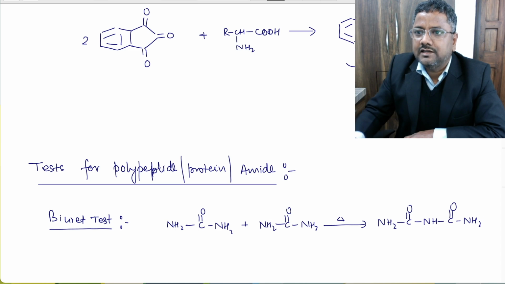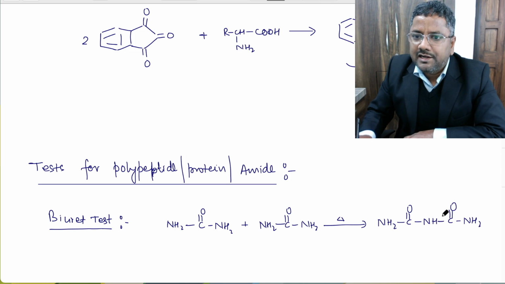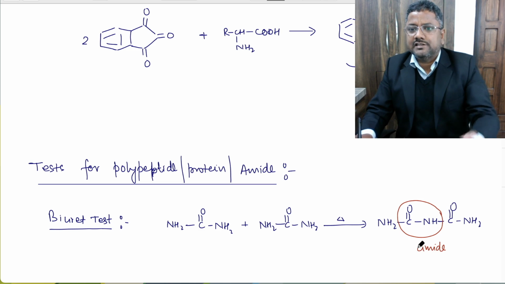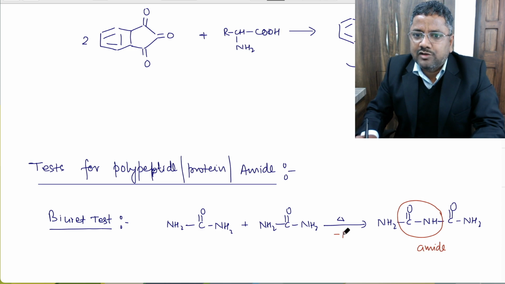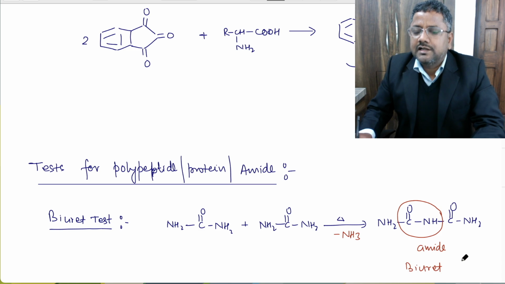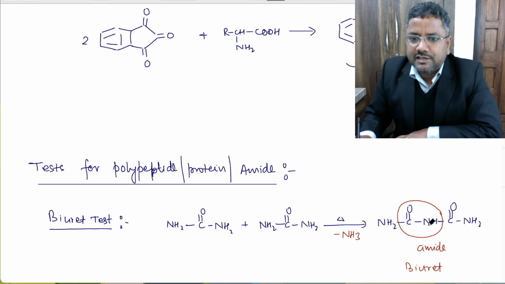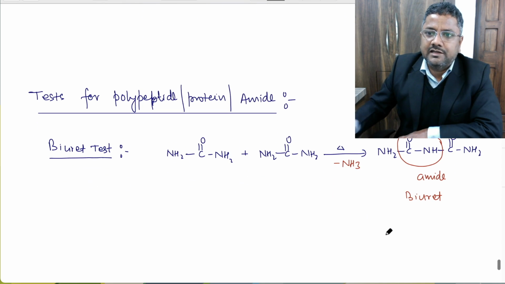So basically, an amide linkage is there. See, this is an amide linkage. Ammonia is eliminated from here, and this compound is known as biuret. Similar bonding is there in polypeptides and in proteins.